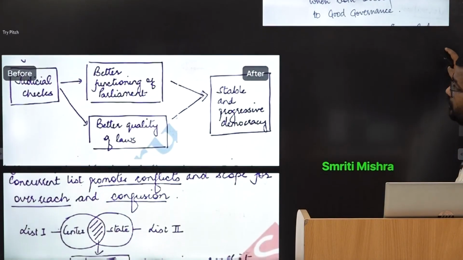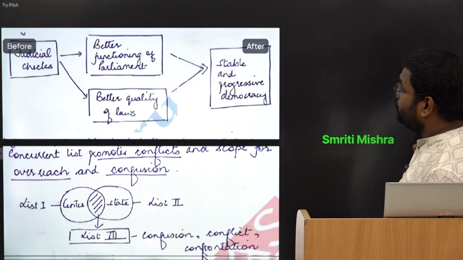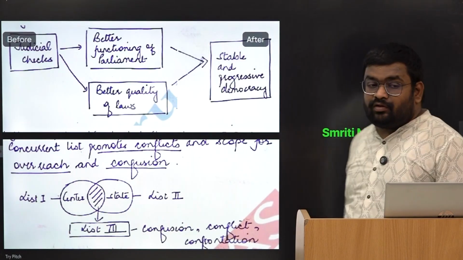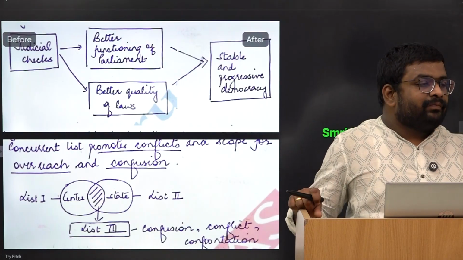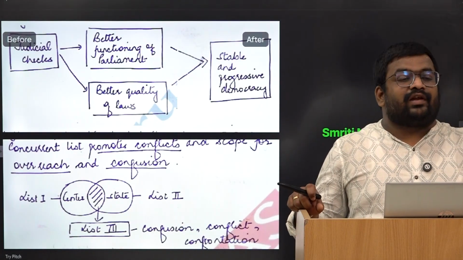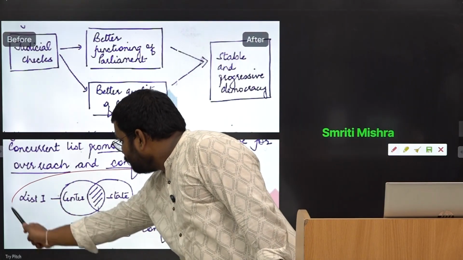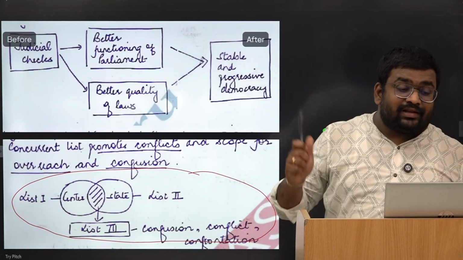Right. Similarly, this by Smriti Mishra only. Again, one innovative thing, if you see, if the question is on the 7th schedule, everyone will be knowing about the union list, state list and concurrent list. But this is how you establish the interlinking. The question is on the 7th list subject.